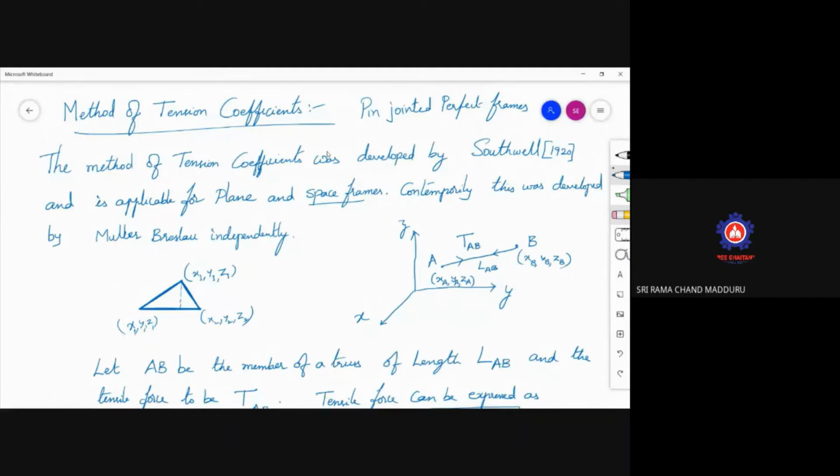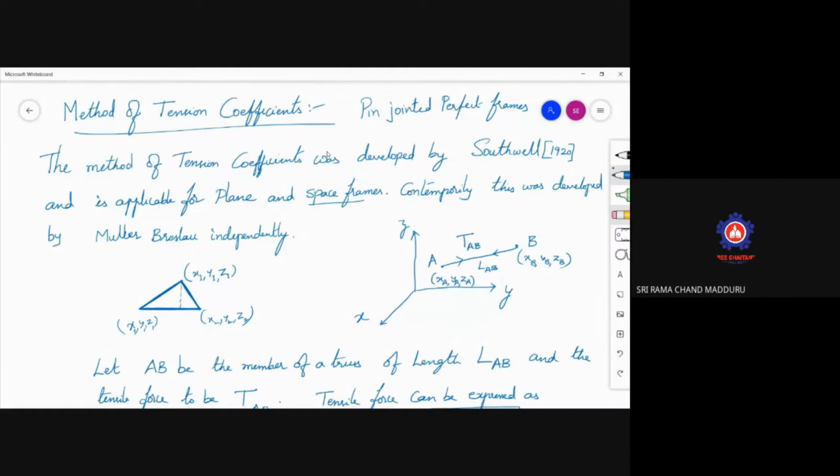This method was developed by Southwell, and it is applicable for plane, that is two-dimensional, as well as three-dimensional frames. Contemporarily, this method was also developed independently by Muller-Breslau. Southwell as well as Muller-Breslau were the inventors of this method of tension coefficients.